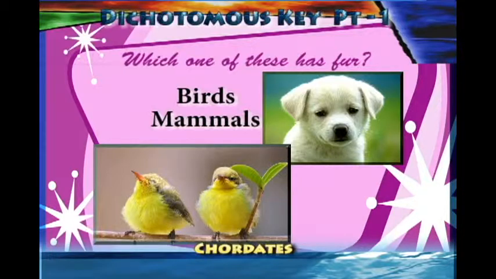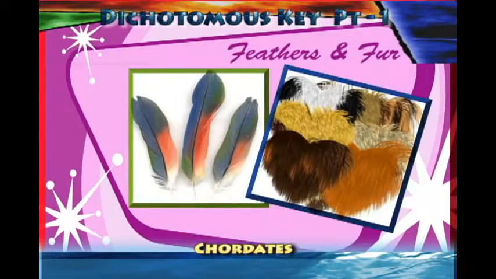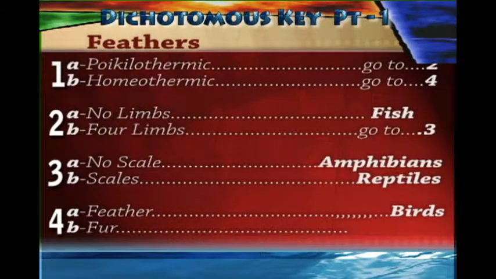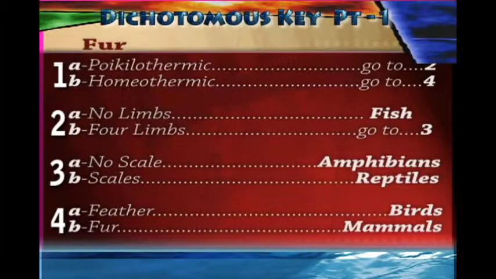When you look at the mammals and the birds, you will find out that the birds have feathers and the mammals have fur. So at the end of the question of feathers, we put the identity of the birds, and at the question of fur, we put the identity of the mammals.